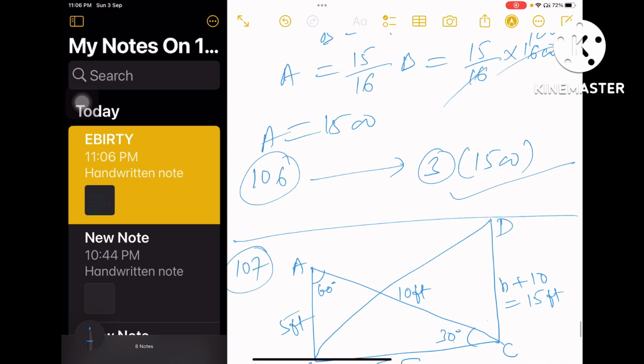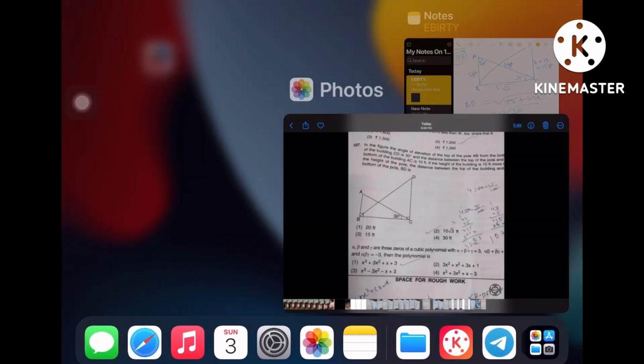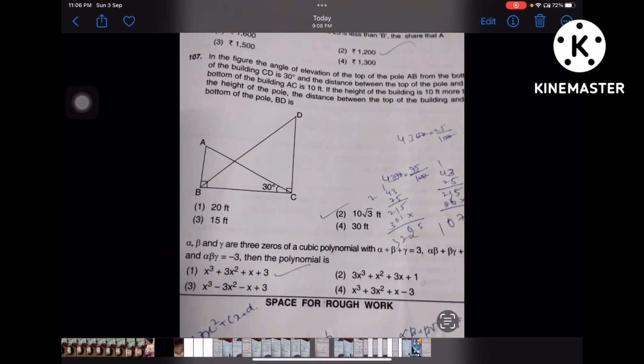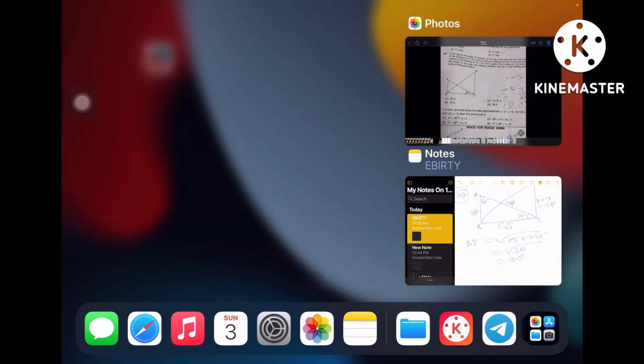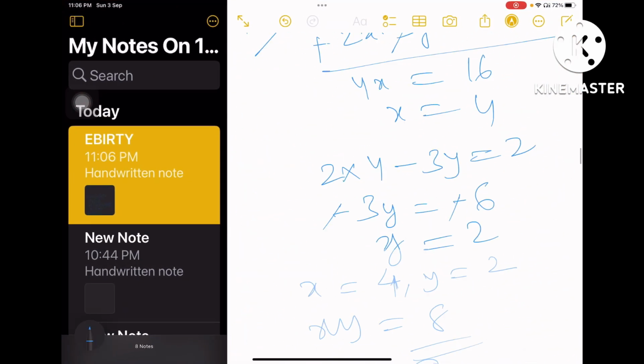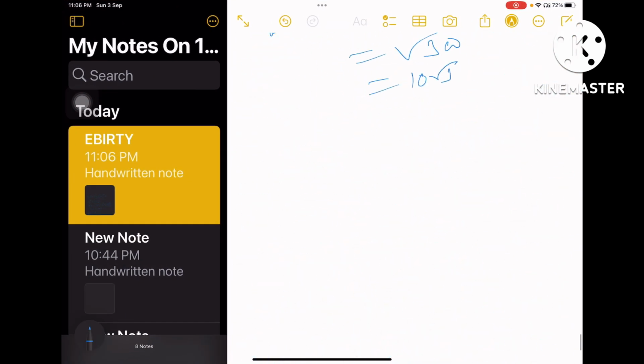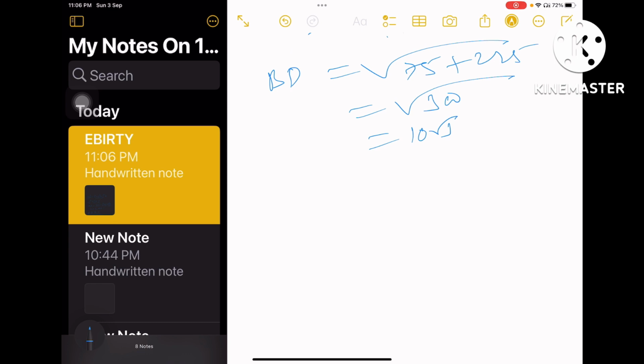Let's see if it is present in the options. Yes, the second option is 10 root 3. So the correct option for question number 107 is option number 2, that is 10 root 3.